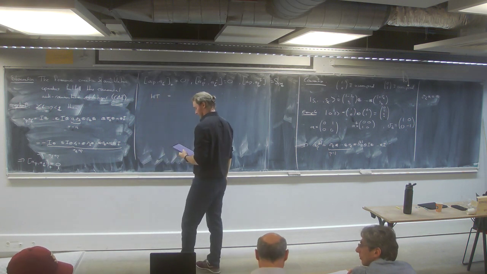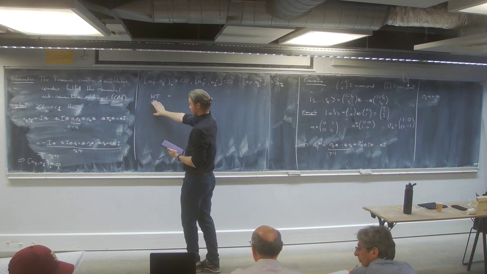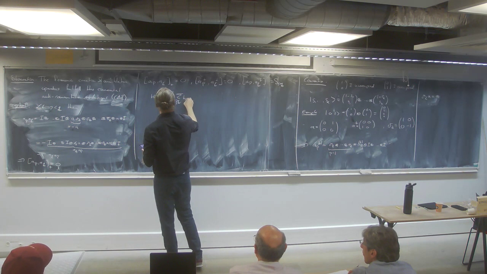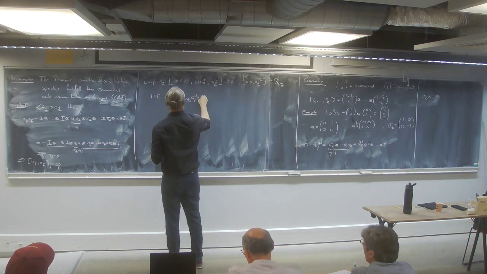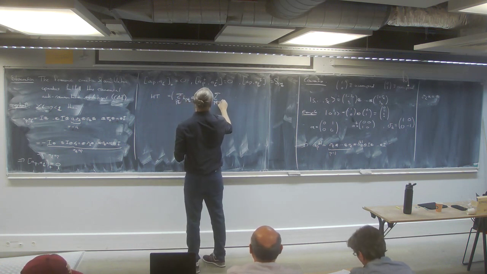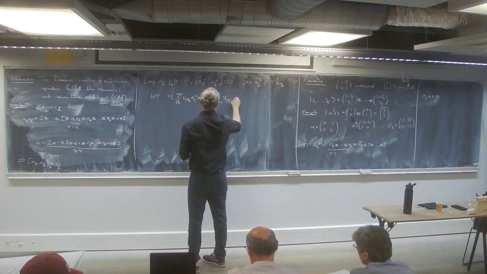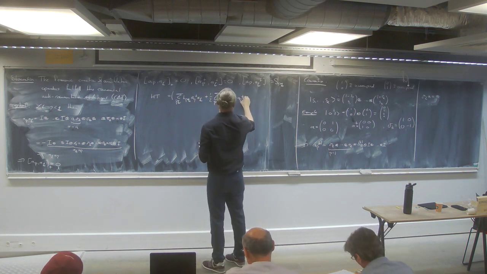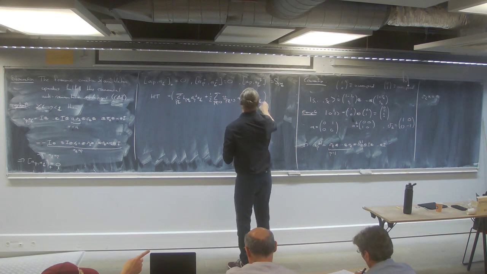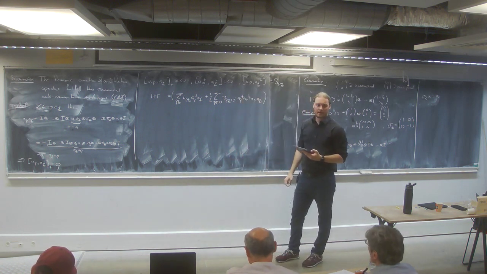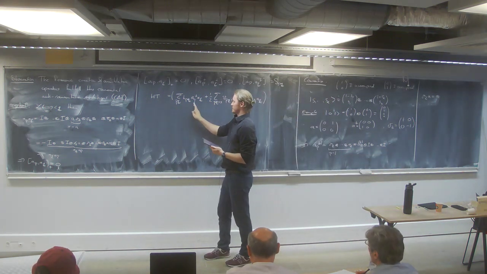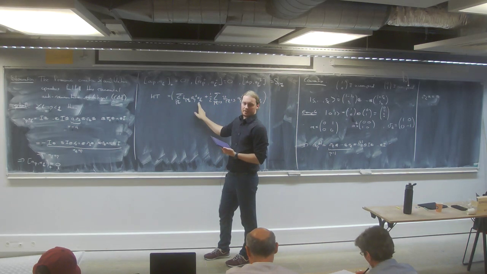So if you write your Hamiltonian in second quantization, it looks something like this. And what we will see in a second is that T can as well be expressed as these creation and annihilation operators.